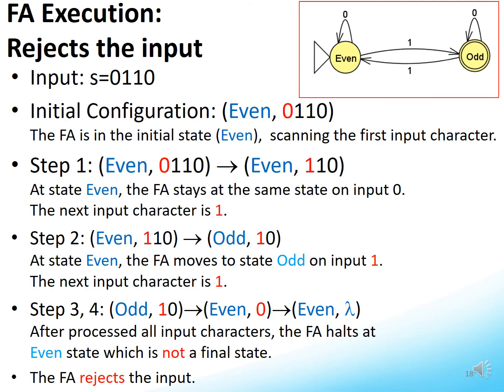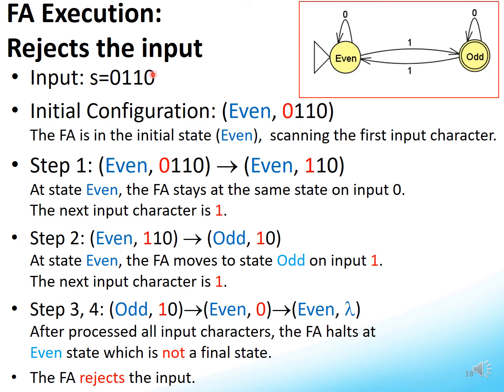Let's look at how the machine processes the input. Assume the input consists of 0, 1, 1, 0. There is an even number of 1s in the input, so the machine should reject the input. Imagine we start the machine.